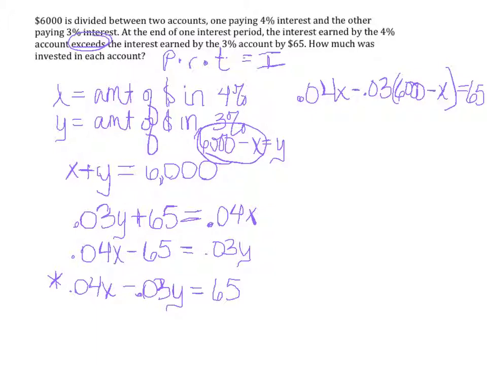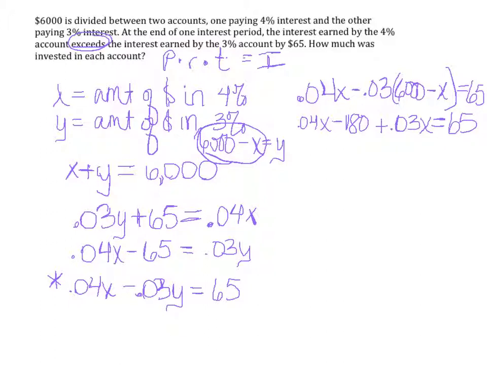Multiplying that out, distributing, I have 4% x minus $180 plus, a negative times a negative is a positive, 3% x equals $65.